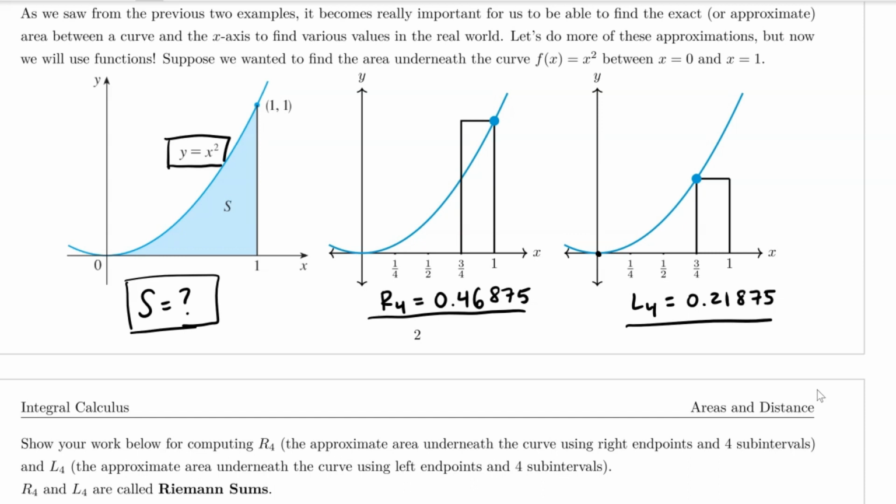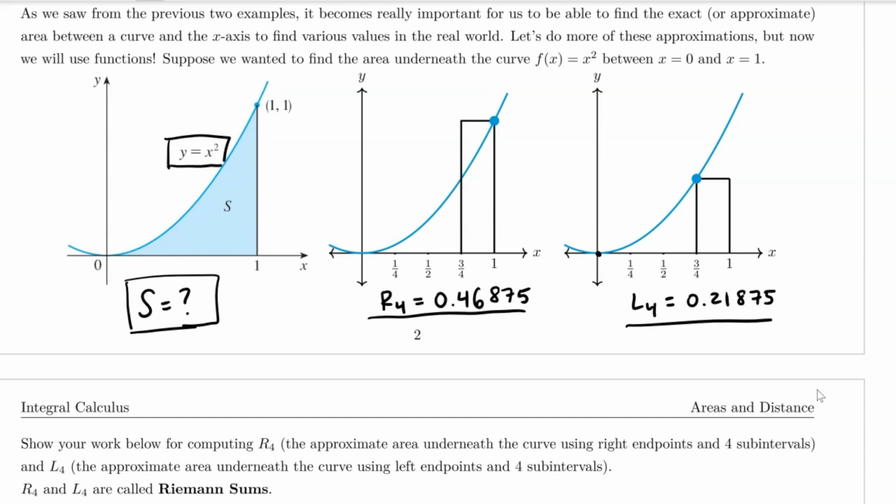So what are we going to do to make our approximations closer to the exact area underneath the curve? Well, we can make our answers more accurate by using smaller rectangles, and we still want to use the heights of these rectangles by plugging them into the function.